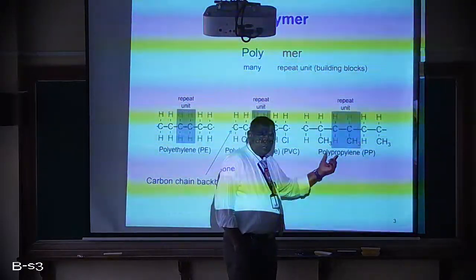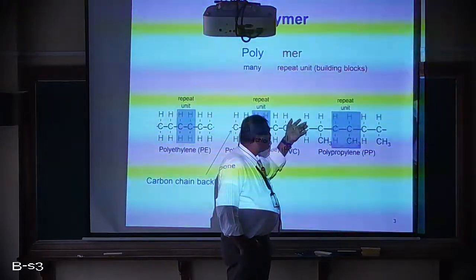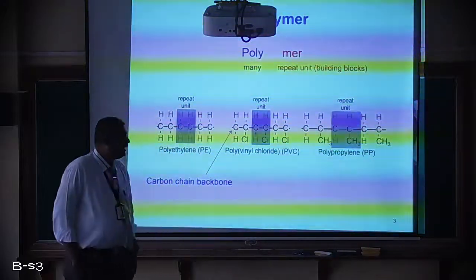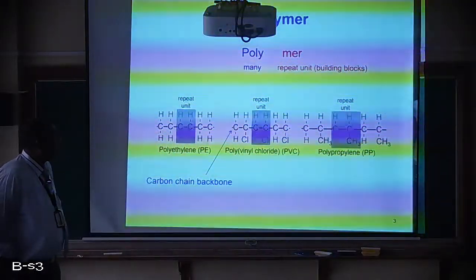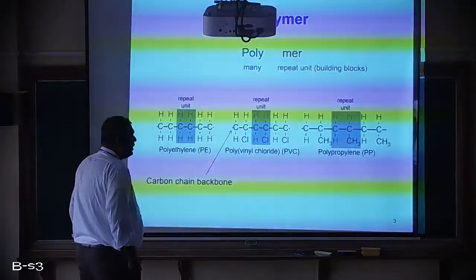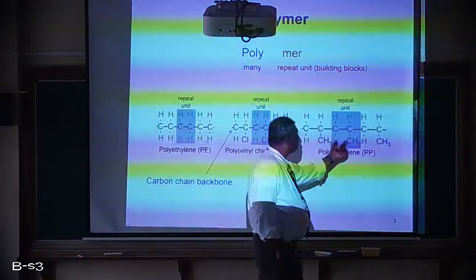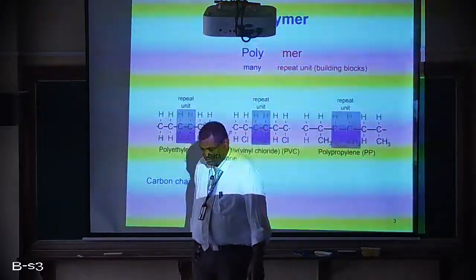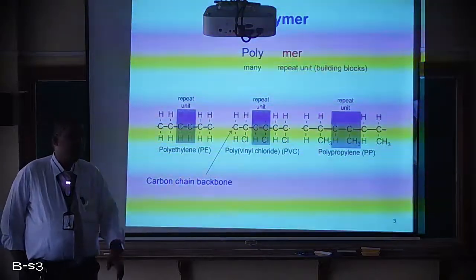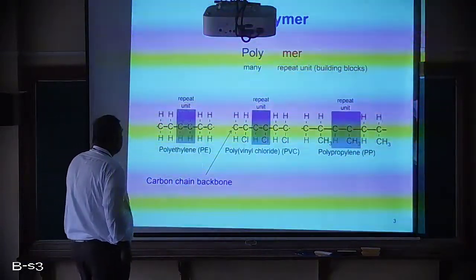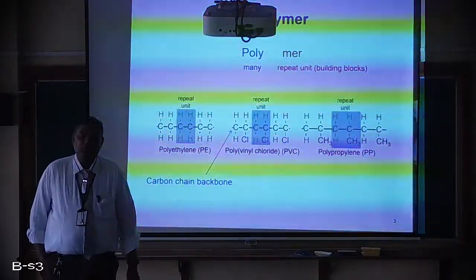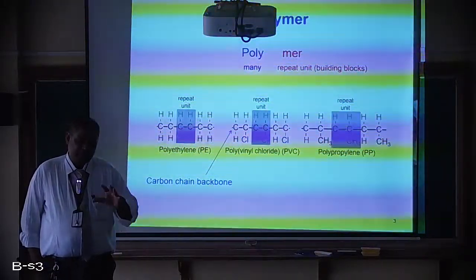Now in the case of polypropylene, C3H6 is repeated again and again. Each one is called a monomer, and this monomer is repeated again and again. Hence in all types of polymers, whether polyethylene, PVC, polypropylene or any other, the unit is repeated.